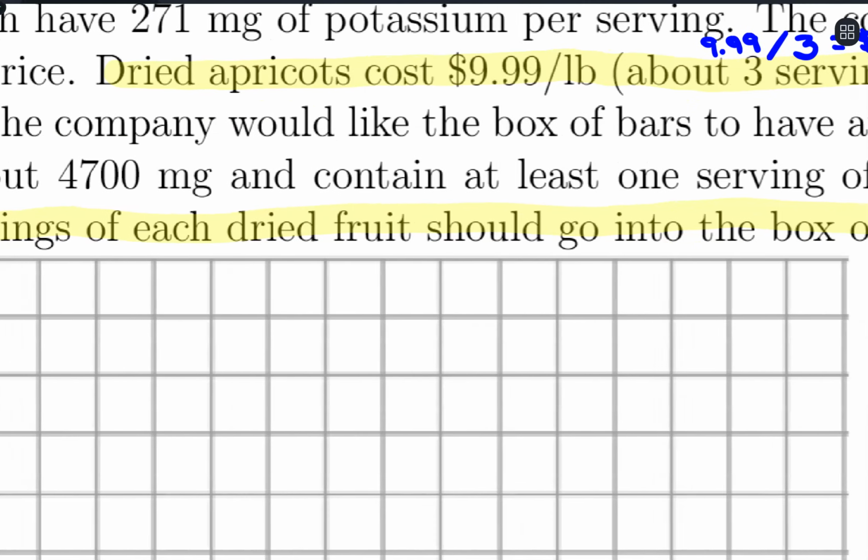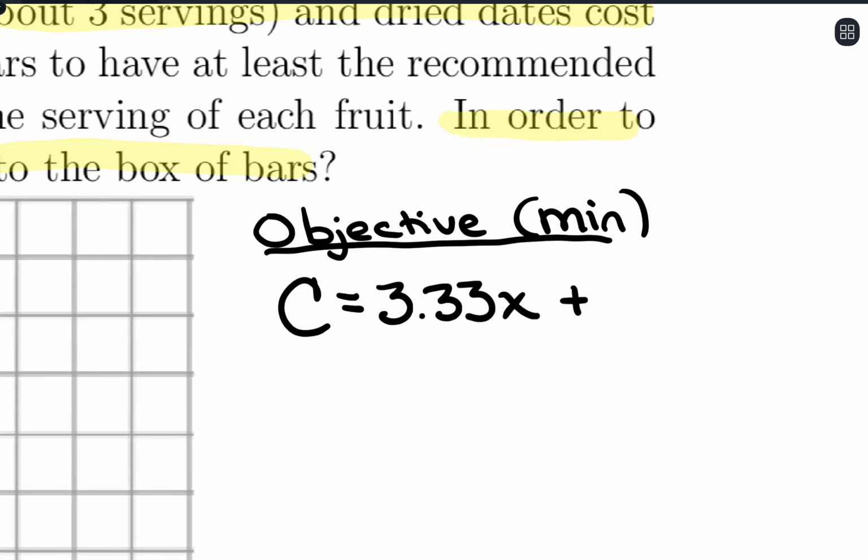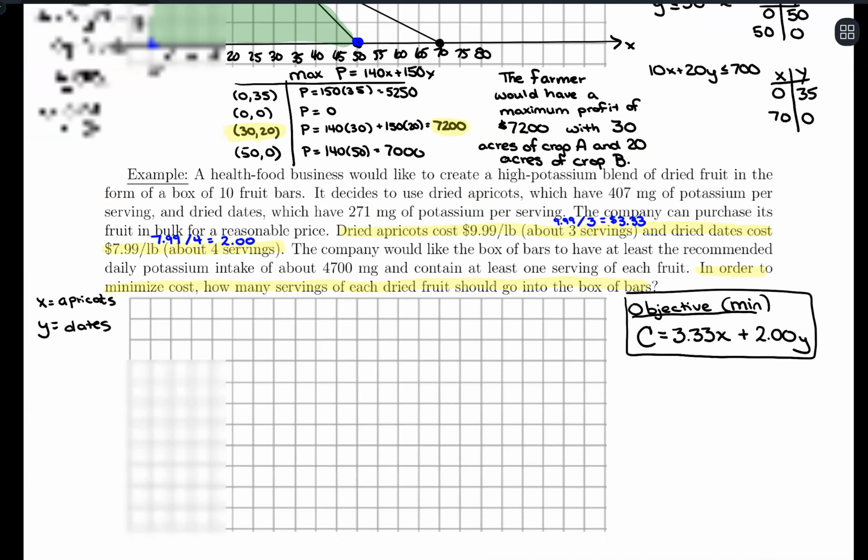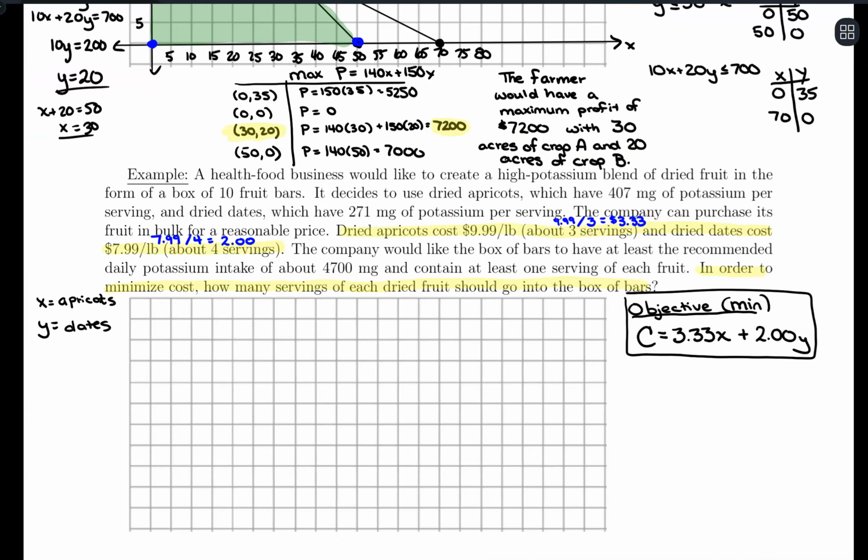We had a little adjustment to do so that we were doing per serving instead of per pound. So our objective function is to minimize cost, which is 3.33x plus 2y. Okay, that takes care of our objective function.